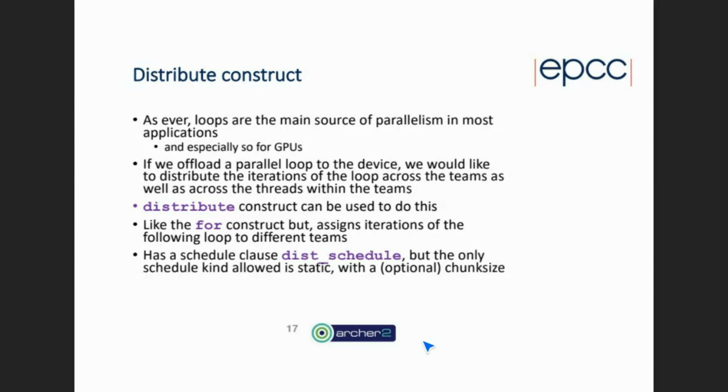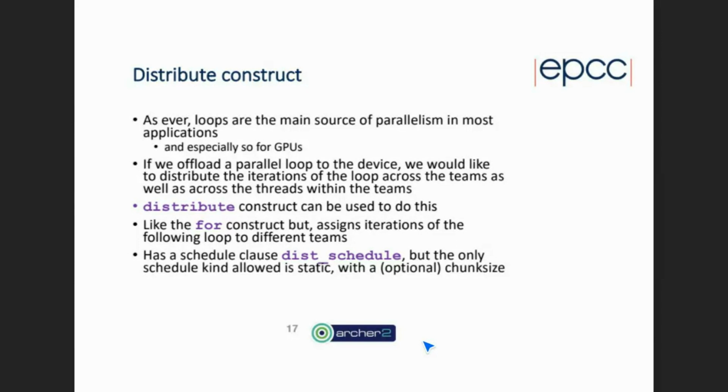OpenMP likes to support loop parallelism really well, so there's also a mechanism for scheduling loops across teams. If we just want to offload a parallel loop, we'd like to distribute the loop iterations across the teams as well as across the threads within the team. So there's a construct for doing this.